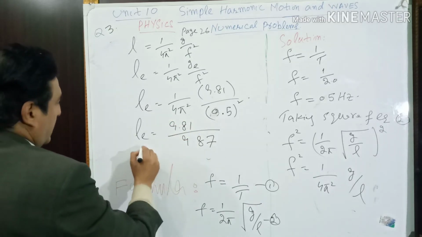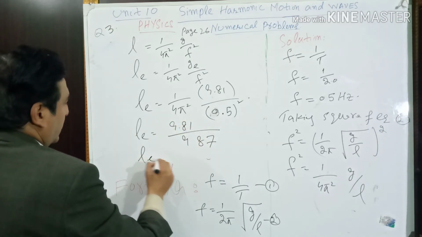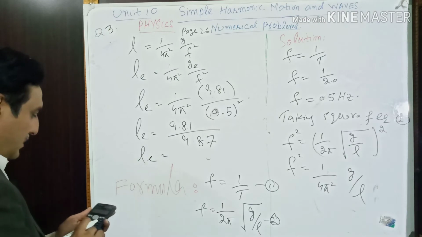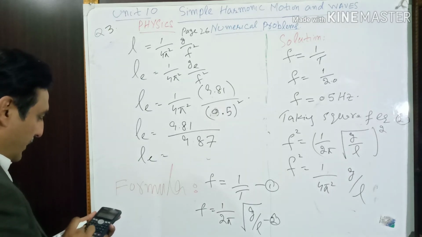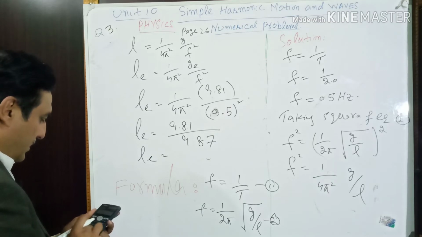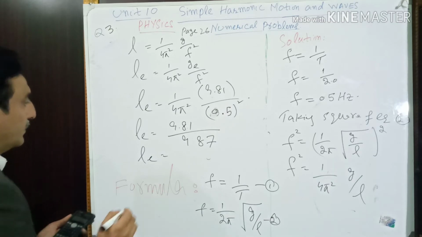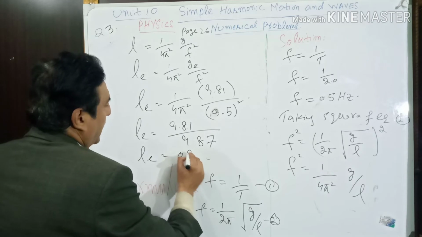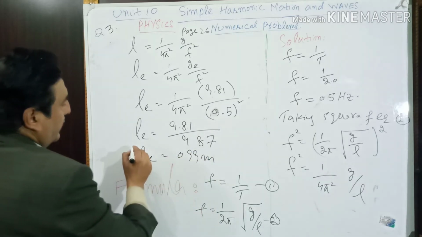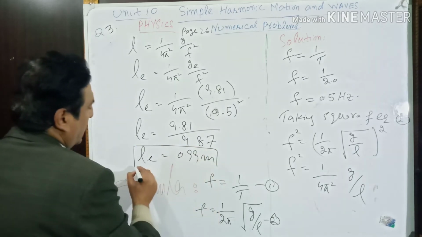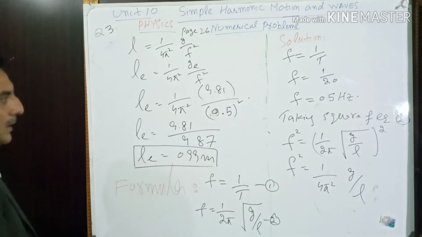Divide 9.81 by this value. We get 0.99 meter. The length of the pendulum on the earth will be 0.99 meter.